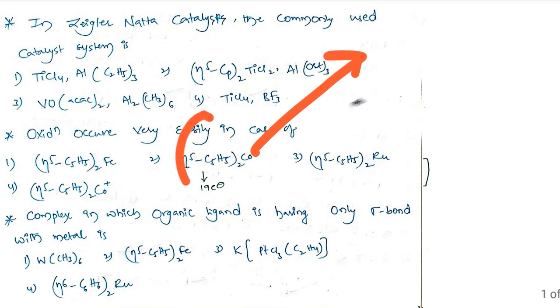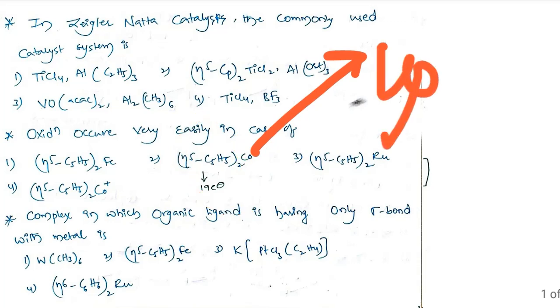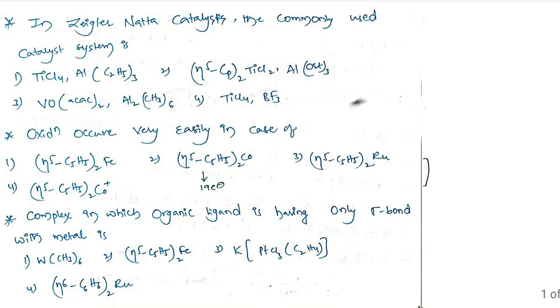So here we have 2 η5-C5H5, that means a total of 10 electrons, plus 9 electrons from cobalt, total 19 electrons. We know that a complex is stable whenever it has 18 electrons, which follows the 18 electron rule.